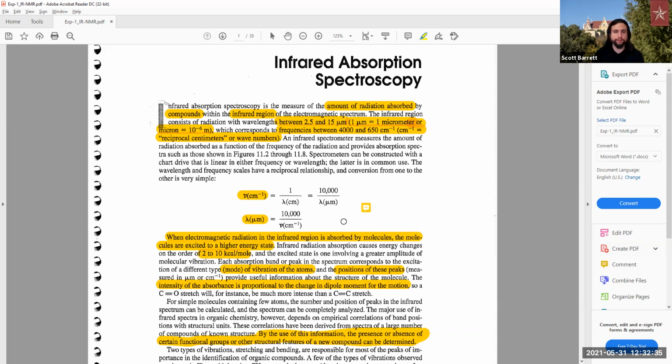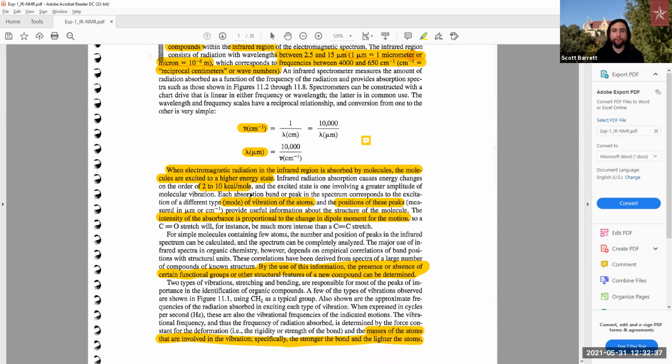specific wave numbers. As a little bit of a precursor, when electromagnetic radiation in the infrared region is absorbed by molecules, the molecules are excited to a higher energy state, on the order of 2 to 10 kcal per mole. Whenever we observe this excited energy state, we will see a mode of vibration of the atoms and the position of the peak.